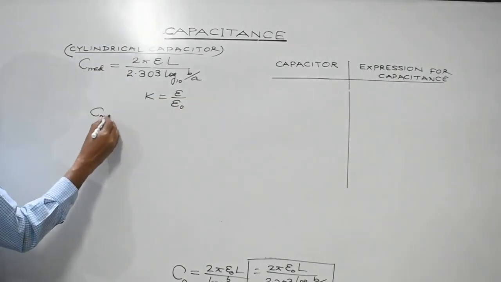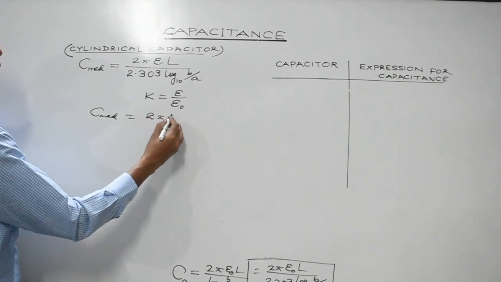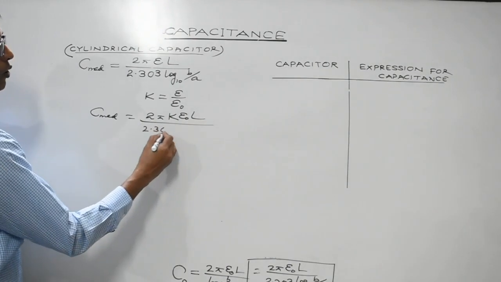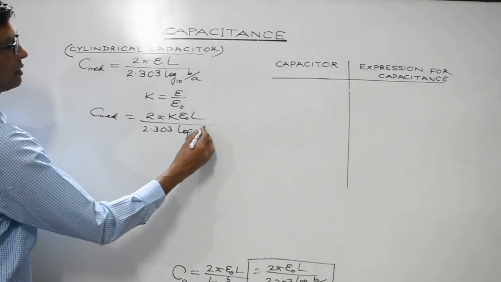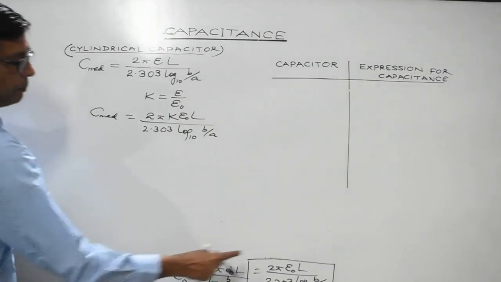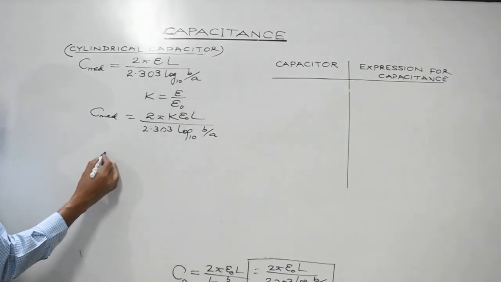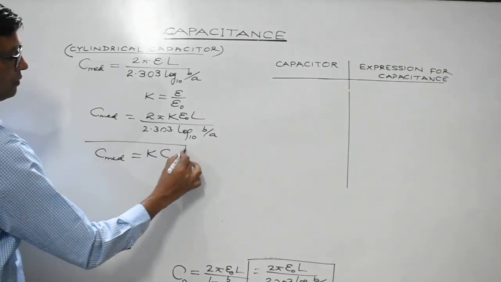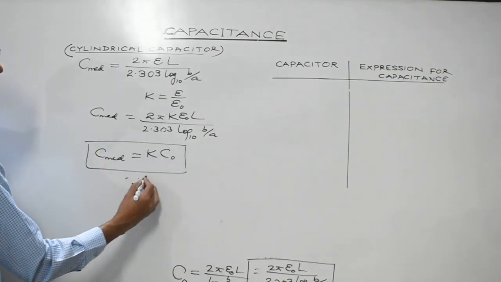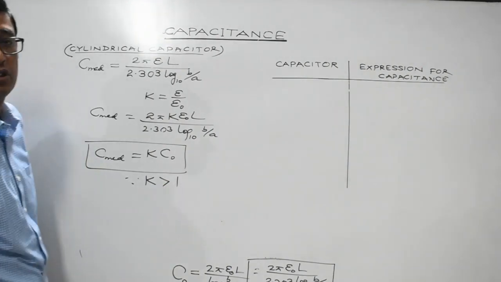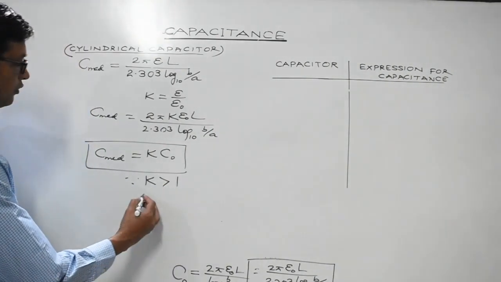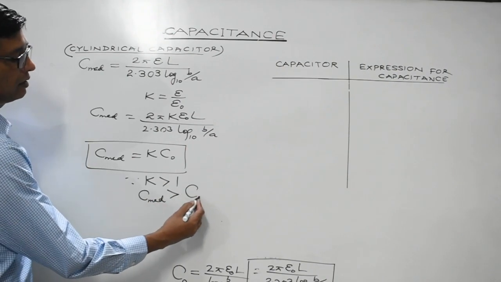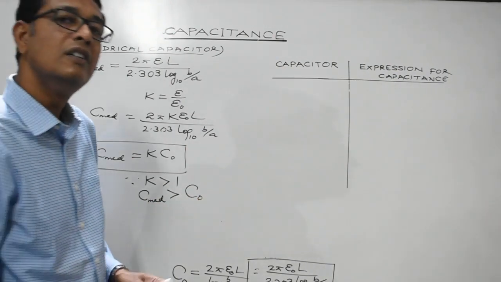So it may be written as 2 pi K times epsilon naught L divided by 2.303 log base 10 B by A. Compare these two. What do you get? C medium is equal to K times C naught. Again the same thing. Since the dielectric constant of a medium is always greater than 1, therefore the capacitance in the case of medium is greater than in case of air or vacuum.